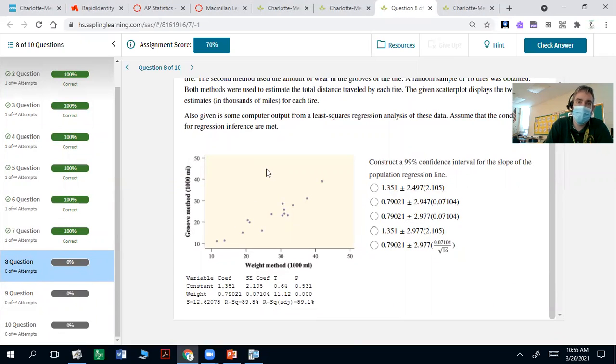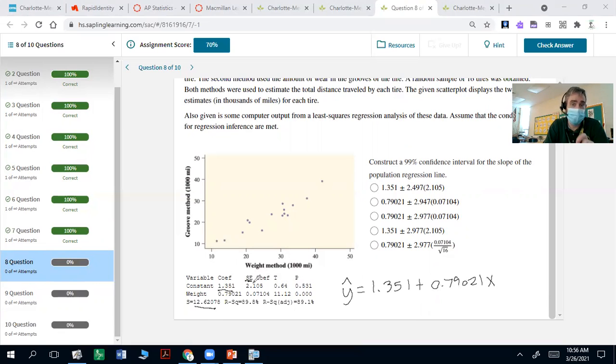If we wanted to write the formula, we could say y hat equals A, so 1.351 plus 0.79021x. So that's your formula just from these numbers. And this represents the standard deviation of residuals. Here's your R squared, your standard error. See how it says SE here?